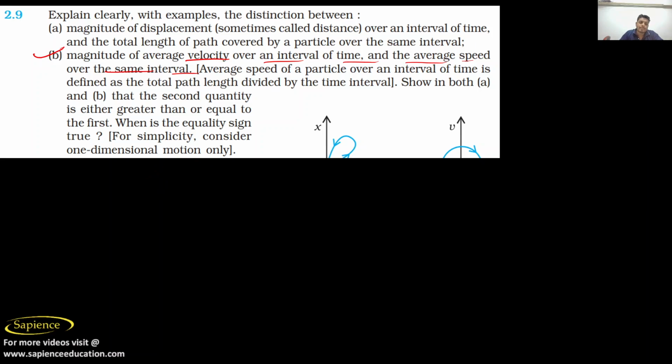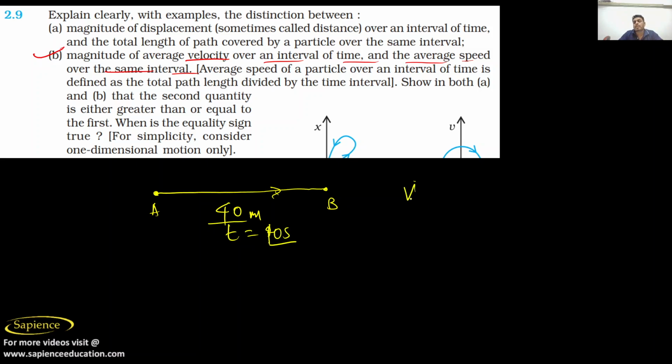Let us consider an object. An object is going from point A to point B. The distance is 40 meter, and the time taken to cover it is 10 second.